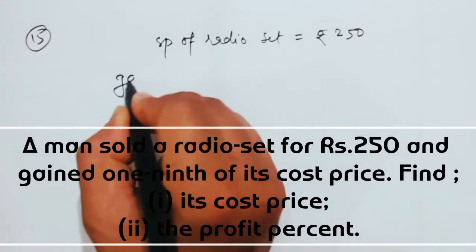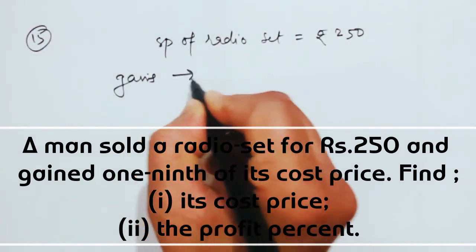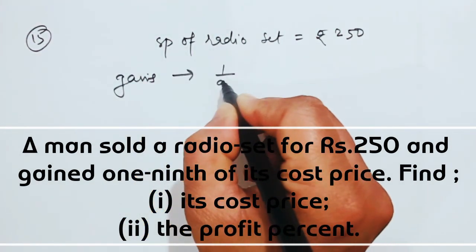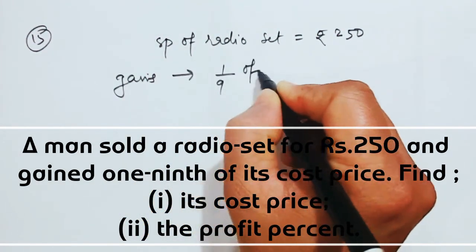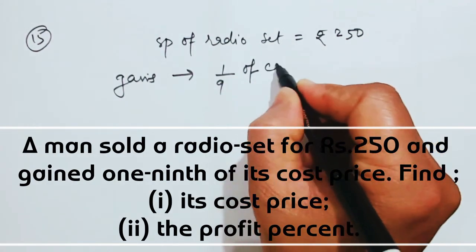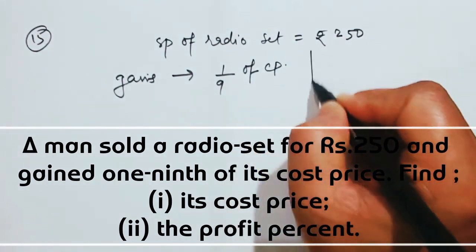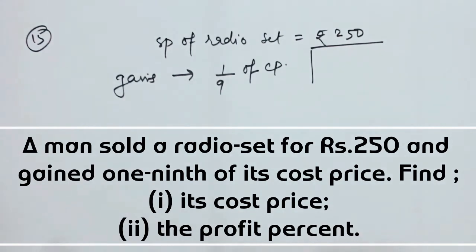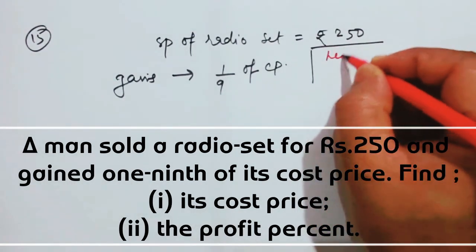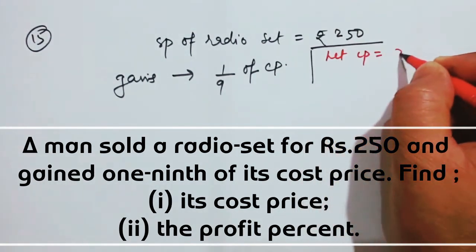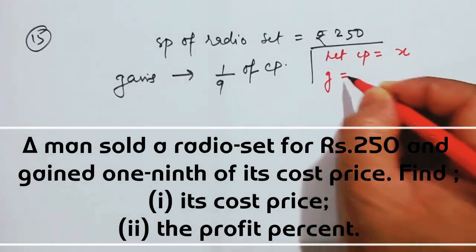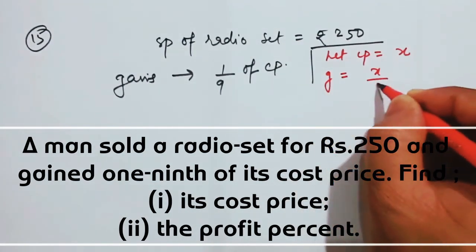And what he gains, how much? Gains 1 by 9 of its cost price. Do you know the cost price? No, I do not know. So let cost price is equal to x. So my gain will be equal to x by 9.